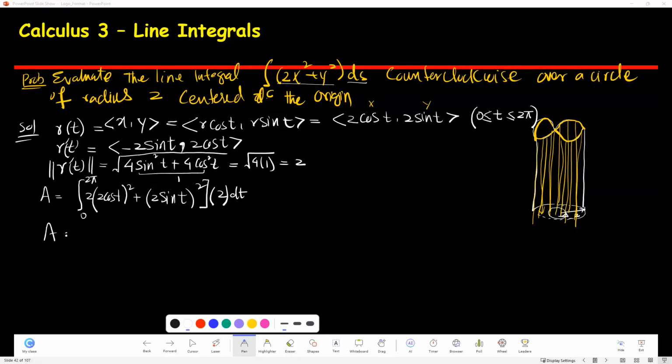I'm going to say area equals, I'm going to take the 2 outside, and this 2 I'm going to take outside too. So 2 times 2 times 2 is 8, cos square t, plus 2 times 2 is 4 sine square t, and then dt.